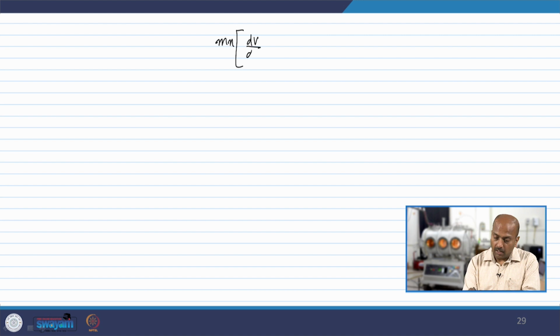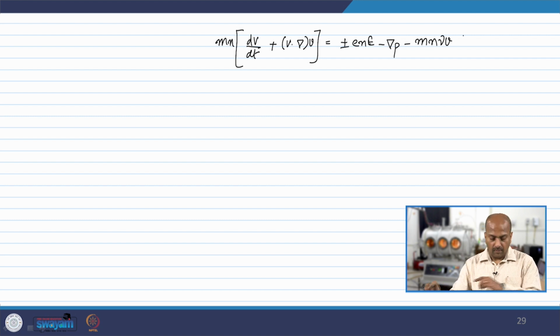So, dV by dt plus V dot del V is equal to plus or minus eN E minus del P minus M N eta V. The plus or minus symbol accommodates both the charges.